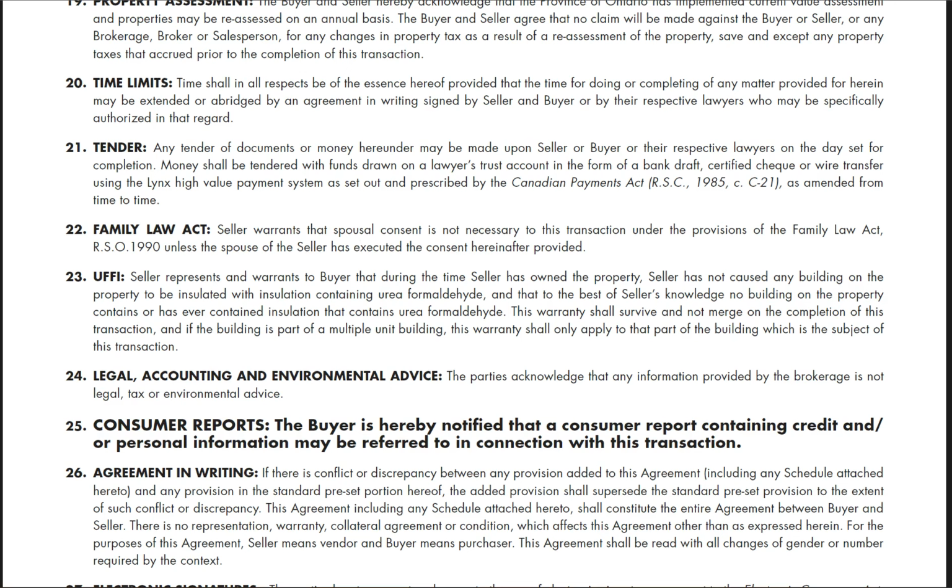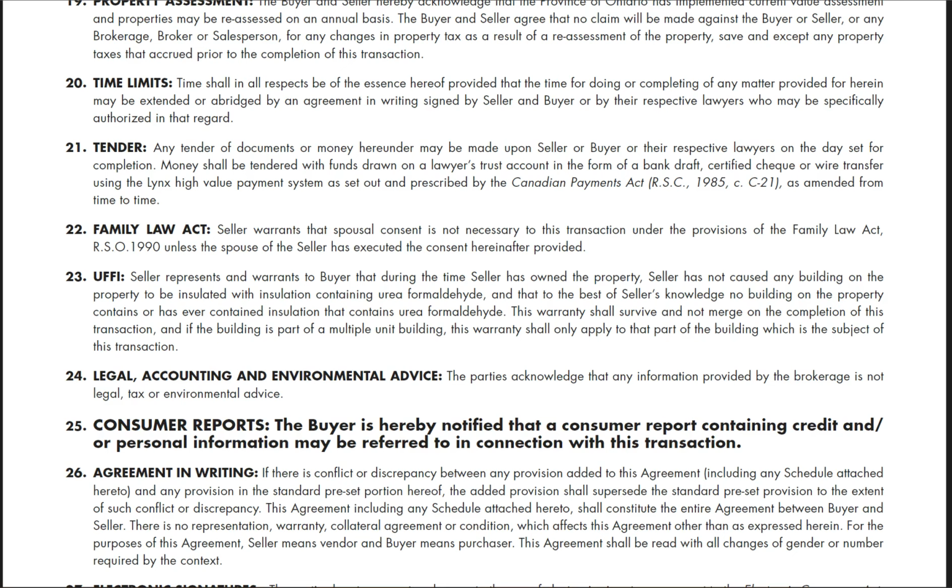It ensures full disclosure from the seller regarding UFFI, and it allows a buyer to take legal action if UFFI was present and not disclosed. It also avoids financing and insurance issues. Some lenders and insurers may not cover properties with UFFI. So what happens if UFFI is found after closing?